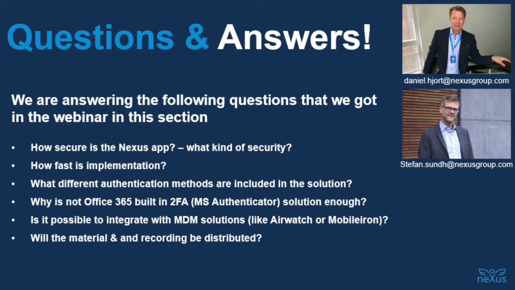Let's go for the next question. So yeah, you talked about how fast an implementation is. Yeah, the answer on that is of course that it depends on lots of different factors. But to set up a pilot to achieve what you showed here, it's done in a few days. You deploy the virtual appliance, you can have just one single machine.